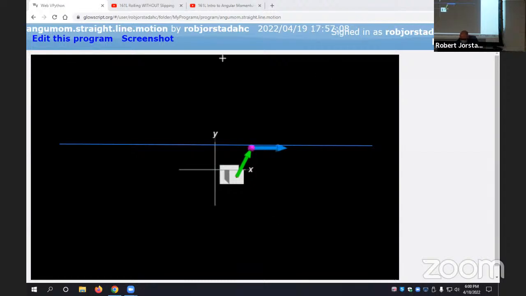Let me see if I could draw that a little bit better. There it is. There's a line through the motion. I'm going to call that the line of motion. This is different than the line of action.